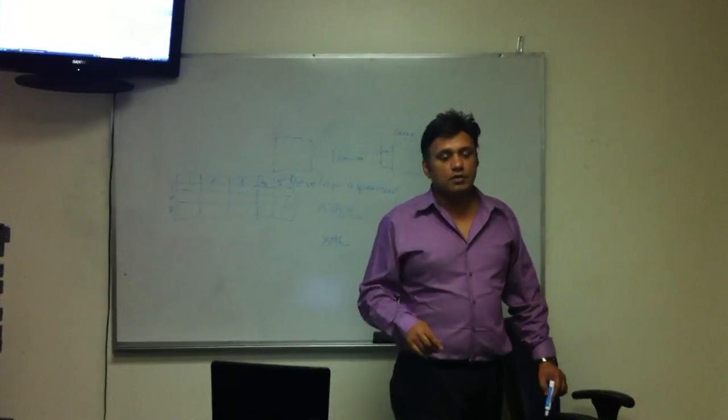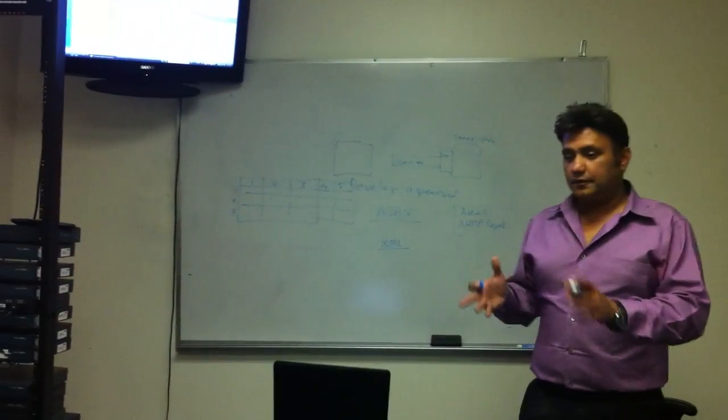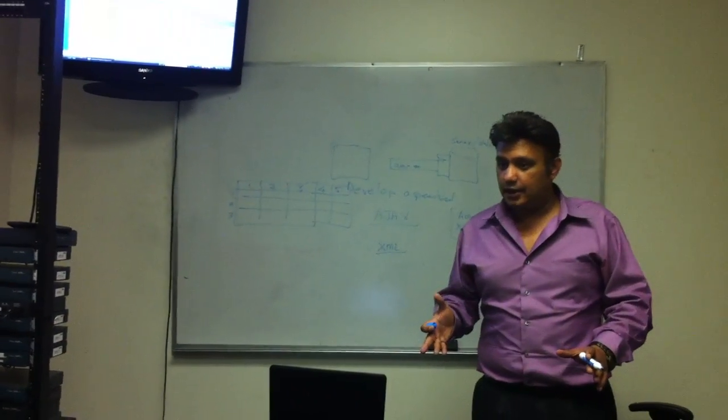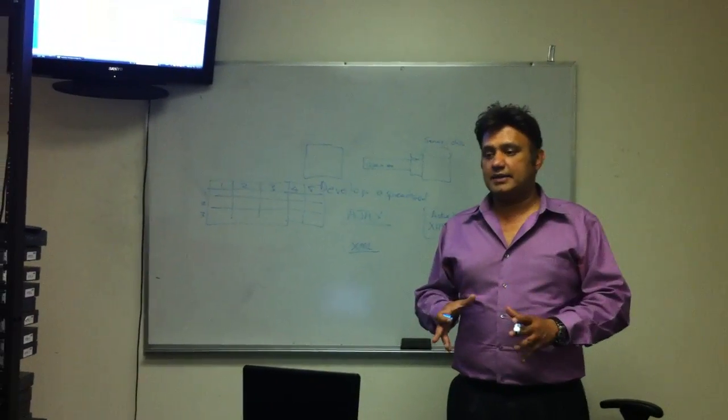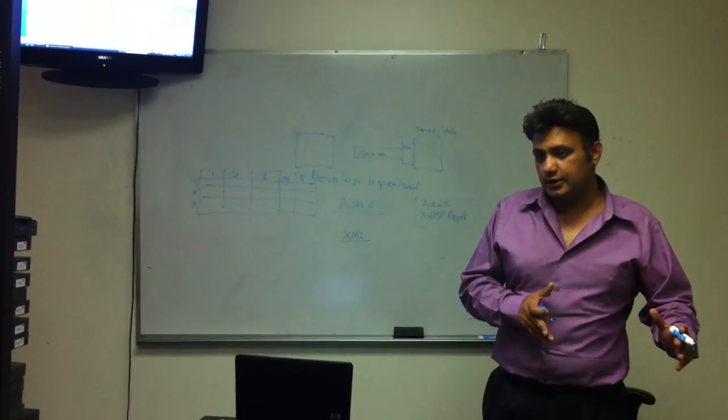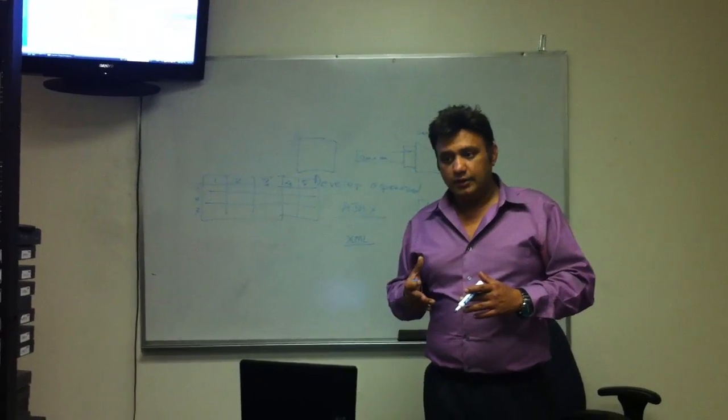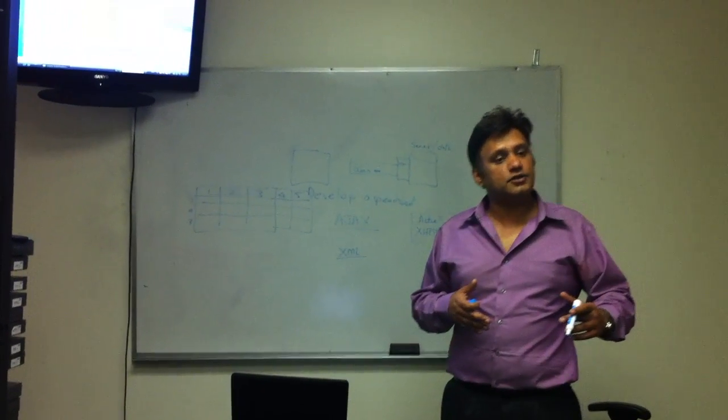So when you learn databases, and those of you who already know what databases are, remember, all data is stored inside databases in the form of tables that are related to each other, and hence it's called a relational database.